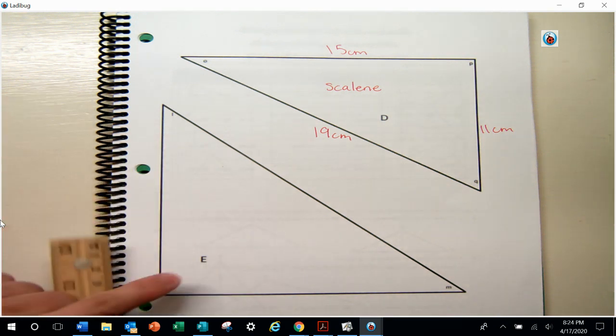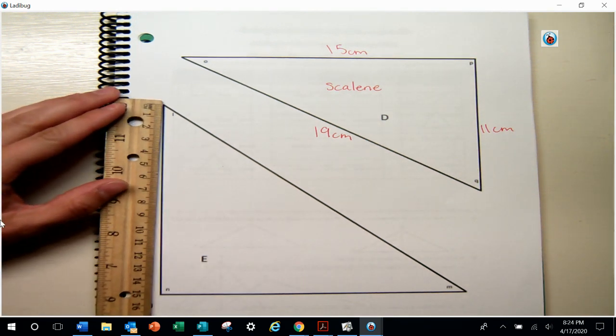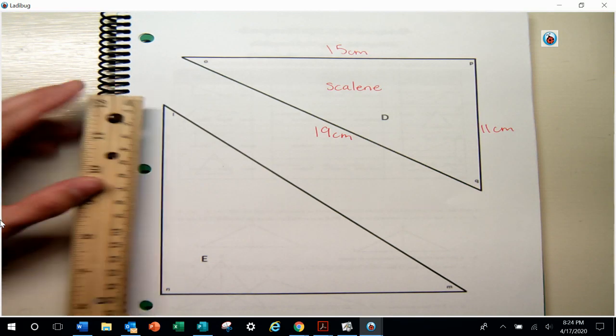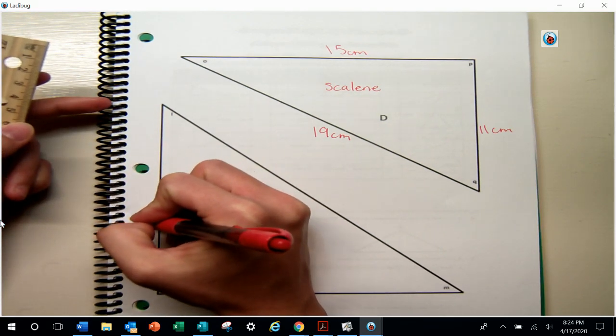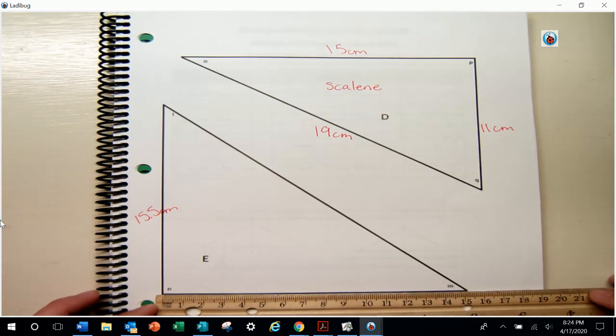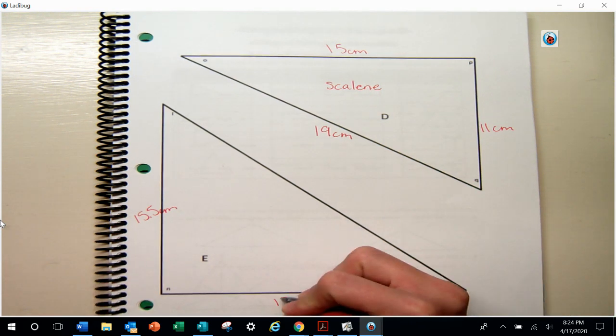All right, triangle E. Let's do, I think that's about close to 15.5 centimeters. This one is close to 15.5 centimeters.